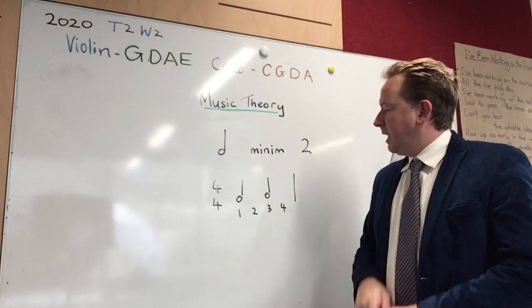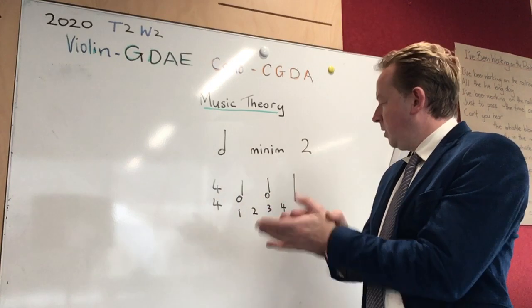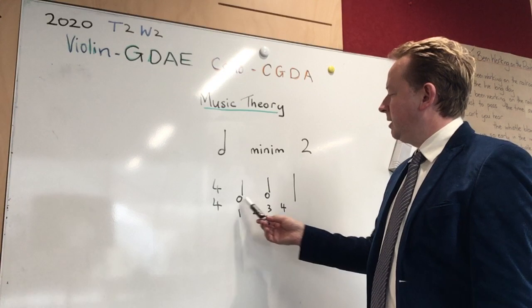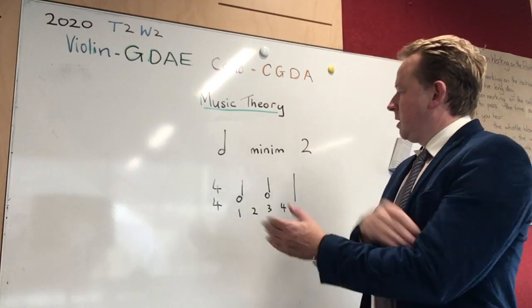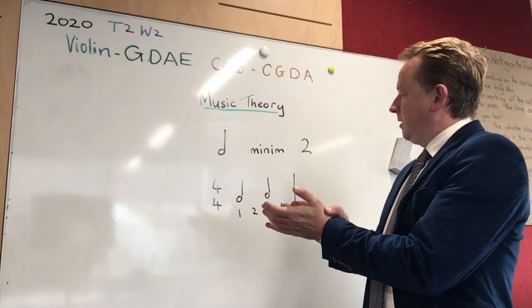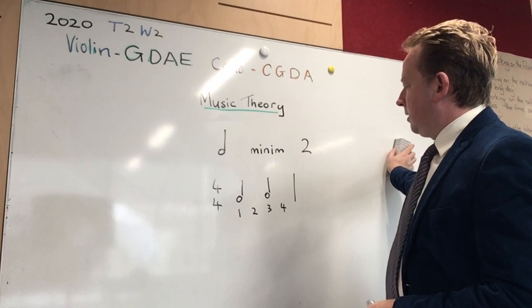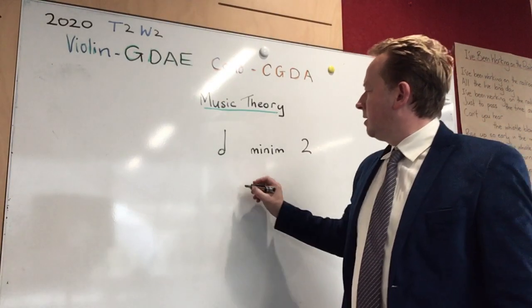And I would clap them like this. 1, 2, 1, whoops. 1, 2, 3, 4. So I hold my hands together because the note lasts for 2 beats. 1, 2, 3, 4. And let's also look at the rest.